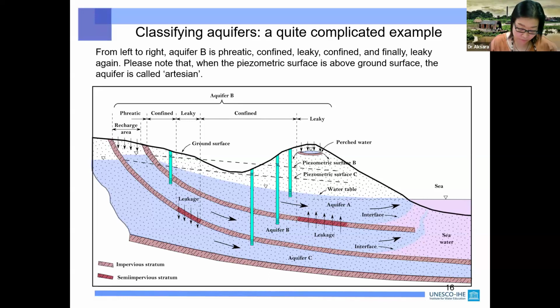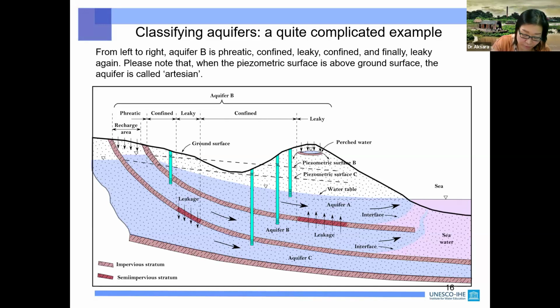So in this picture, you see so many layers of aquifer. Last time I mentioned that we have at least three aquifers in this system, so I'm just going to capture that a little bit in this lecture.